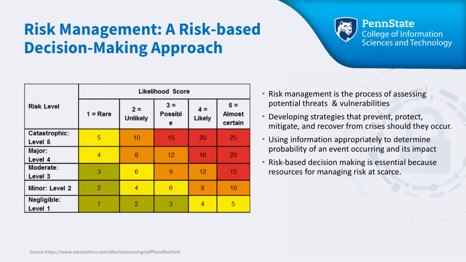Managing risk, as we've said before, is complex and a critical issue that focuses heavily on using information appropriately to reduce the likelihood of surprise and impact of a negative event or crisis. It is a process of assessing potential threats and vulnerabilities and determining the probability of them occurring over time and the impact of that occurrence on your enterprise. It then goes on to developing strategies to prevent, protect, mitigate, and recover from those events should they occur.